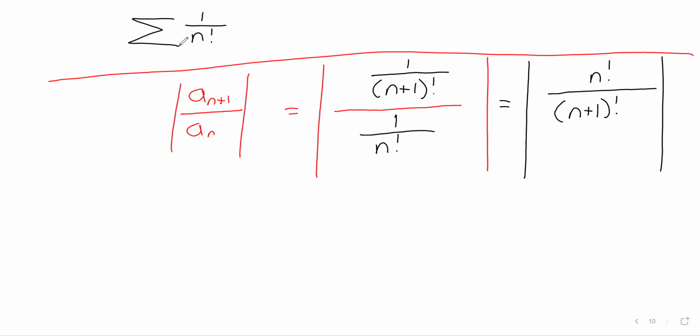And I want to make an observation that we're going to use again and again, that when you have a fraction of factorials, you're always going to have heavy cancellation. Because what's n factorial?